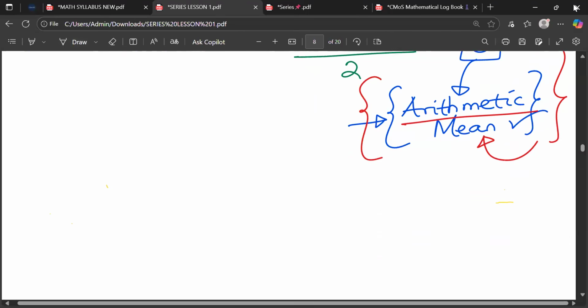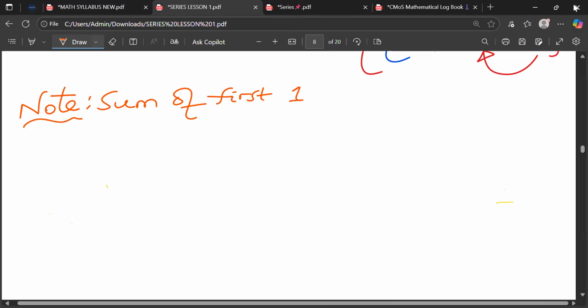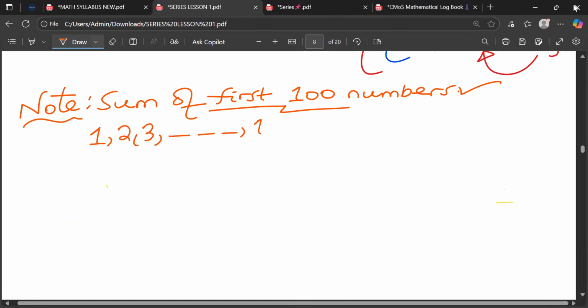So when you decide to do that, sum of first 100 numbers. Of course, when they say first 100, what is going to come to your mind first is wanting to list them, yeah? 1, 2, 3, and so on, up to 100.